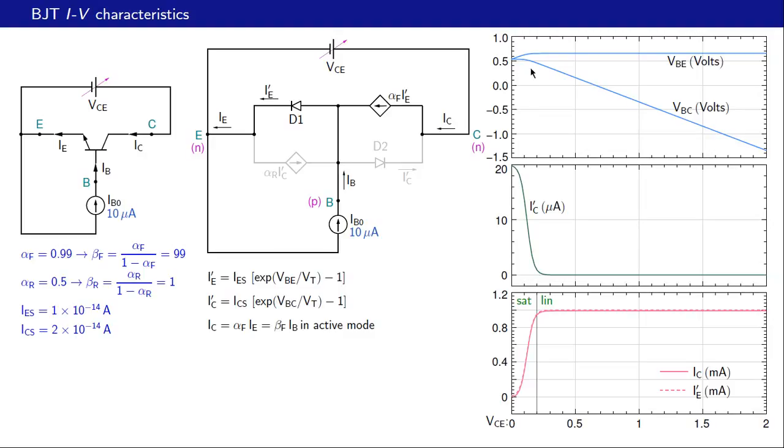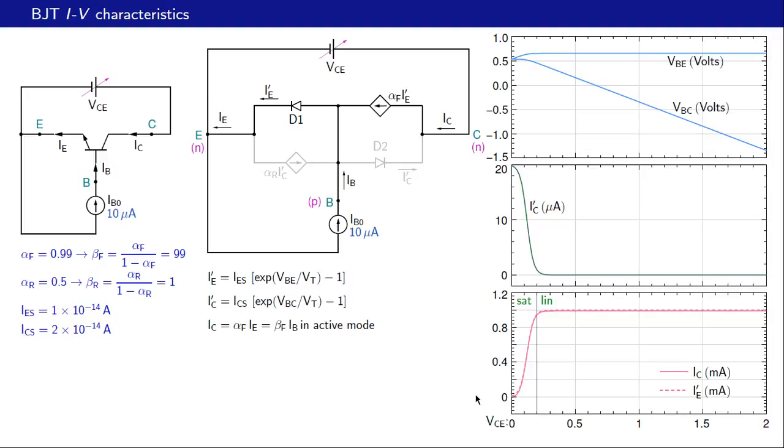Apart from that, there is also a slight reduction in VBE, as we see over there. And because IC is alpha f IE prime minus IC prime, this current is now decreasing because VBE prime is going down a little bit, and this current is increasing there. What happens is IC now starts going down like that.